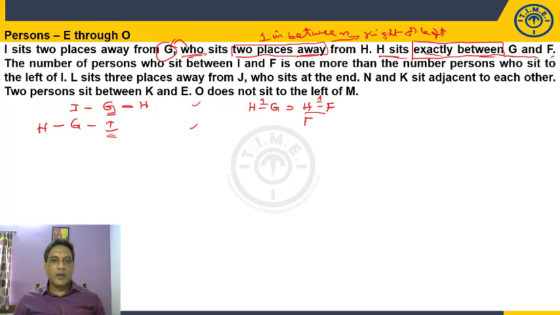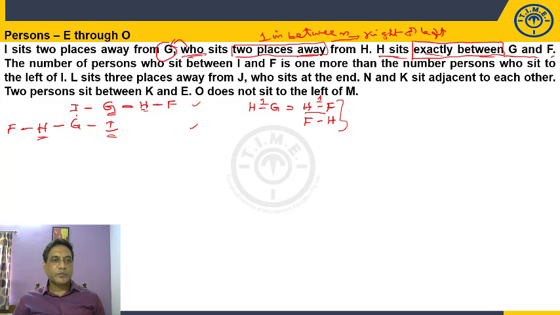But whether F should be taken on the left side of H or right side of H, that we are not sure. Since H is here, on the left side already G is there. So we take F on the right side with one person in between. In this case, on the right side of H we already have G. So we have to take F on the left side with one in between.